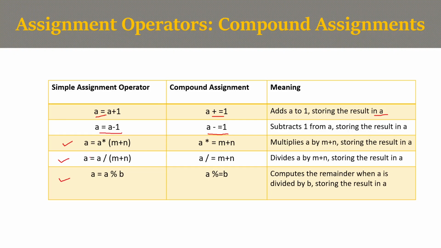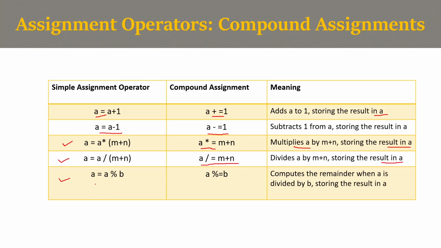In this case, you write a, then the multiplication sign, then equals m plus n. So it will multiply a by m plus n, storing the result in a. Similarly, for a equals a divided by m plus n, you can use this compound assignment so that you divide a by m plus n, storing the result in a.